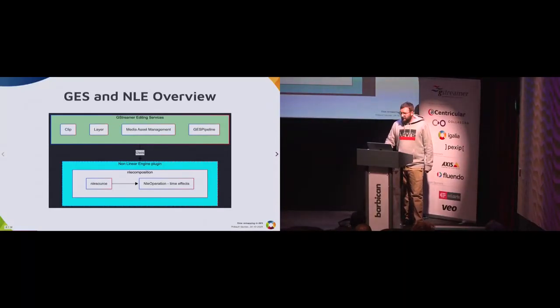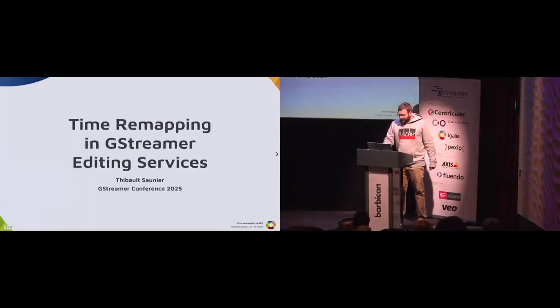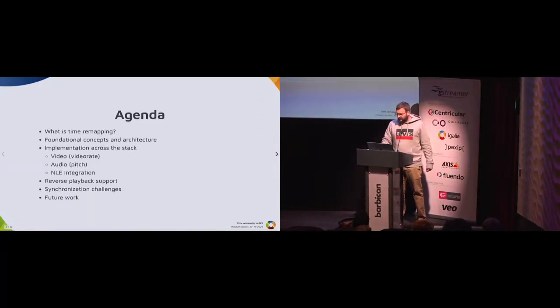Time effects in that case will be contained in the NLE operation. So that's where time remapping happens in practice in NLE, and that's where inside the time effects you will have the time transformation.